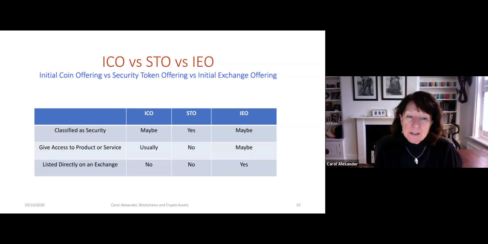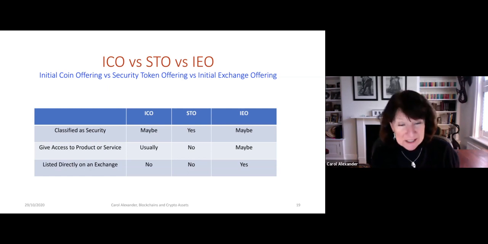Does it give access to a product or a service? ICO usually, most of them are utility tokens. STO, no, it's definitely a security. And an IEO, maybe. Listed directly on an exchange? No, an ICO or an STO needs to court an exchange. And as I said, there are hundreds of possible exchanges.